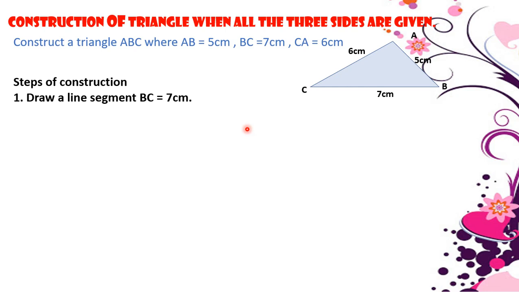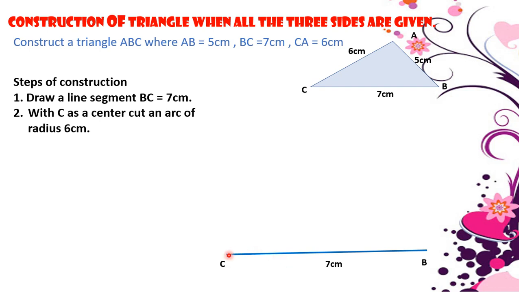The first step of the construction is to draw the line segment BC equal to 7 cm. Then, with point C as the center, we have to cut an arc of radius 6 cm. So take the compass, open it for 6 cm radius, place the pointer of the compass at point C, and cut an arc of 6 cm with the help of the pencil.